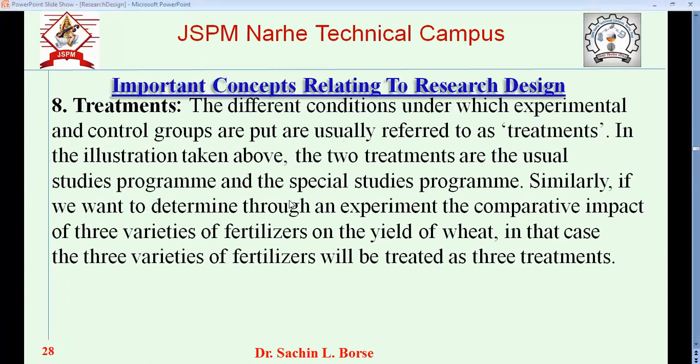Now comes treatment. We have already seen the word treatment while discussing the principles of experimental design.